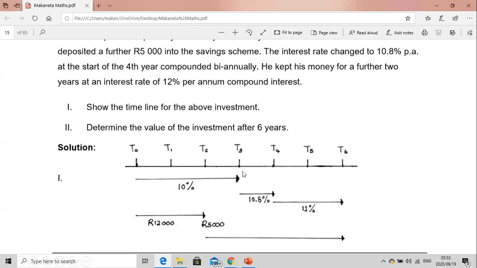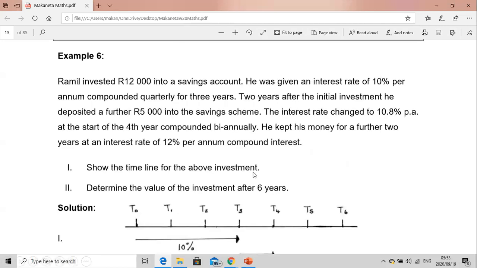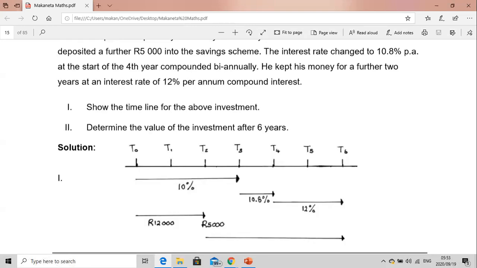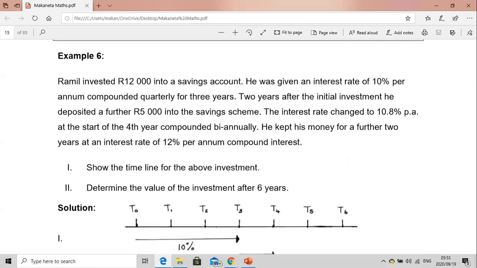So the T3 there, from T3 to 4. So we already know that this is the 4th year. So in the 4th year, we now have an additional interest of 10.8%. And of course, this is compounded biannually. Now the money was kept for a further 2 years at an interest rate of 12%.